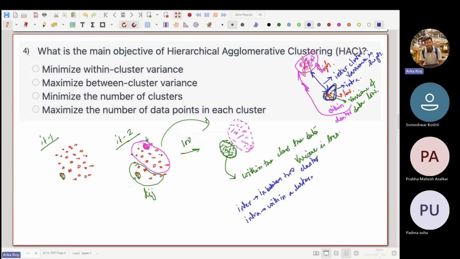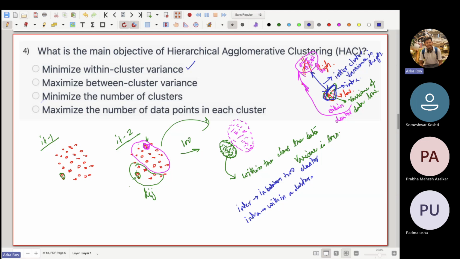Okay, so let us now see what options they have given. Maximize the within-class cluster variance. So sorry, minimize within-cluster variance. They are saying within-cluster variance should be minimized, so that is fine.